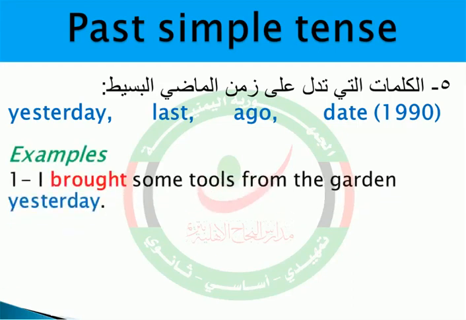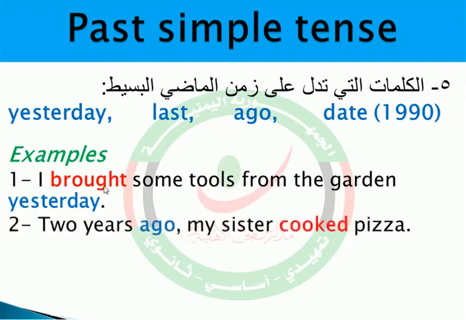Look at this example. The first example is, I brought some tools from the garden yesterday. Brought here is the past of bring. The second example, 2 years ago, my sister cooked pizza. Cooked here is the past of cook.